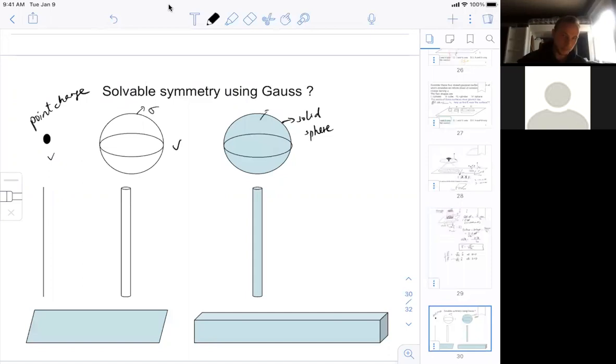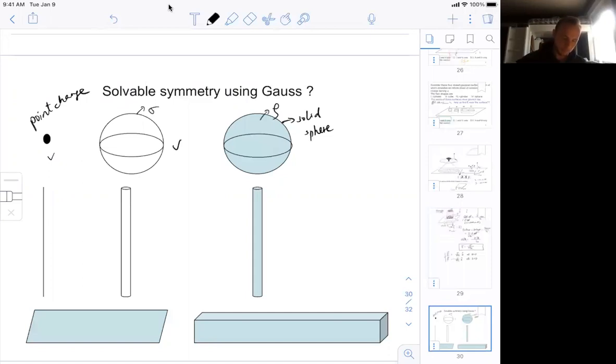So this would be rho and this is sigma. So it's just the way you calculate your Q enclosed would be different. Can we use Gauss's law for an infinite line charge? Yes, we just did that. And in fact, we will solve one of them using a cylindrical surface.